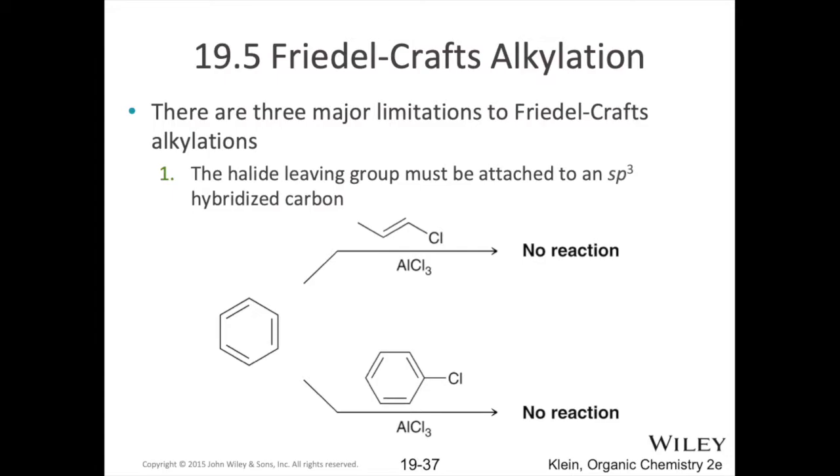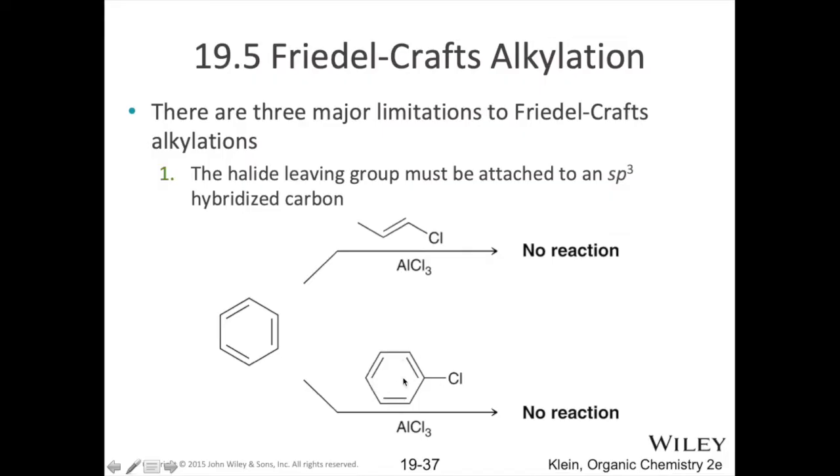Okay, definitely not directly on that sp2 carbon, right? If you had the chlorine over here and you had an allylic carbocation, that'd be fine. In fact, that would be great. But here, your chlorine is attached directly to that sp2 carbon. That's not going to leave very easily. Same thing over here.